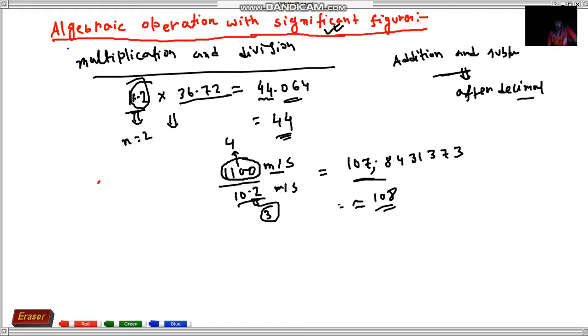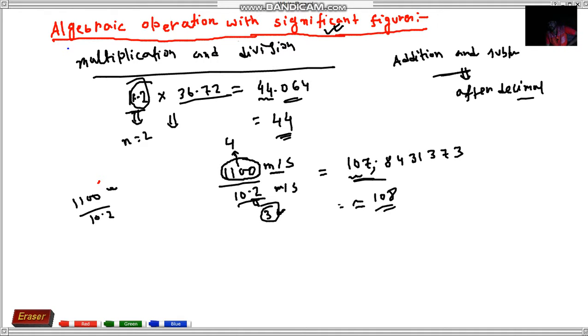But if there is no unit, like only 1100 and 10.2, then we round at 0, because then the least number of significant digits is 2, while the other has 3. So be careful when you multiply, divide, add, subtract or round off. There is a slight difference in the rules.